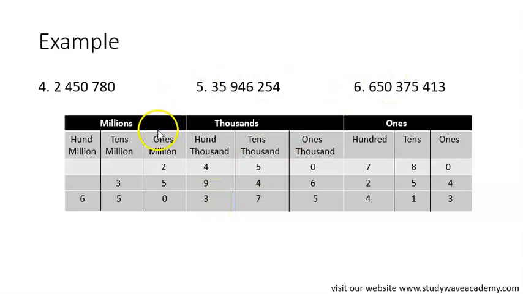0 in the millions column in ones million, 5 in the millions column in tens million, and 6 in the millions column 100 million. Okay, so we have 650,375,413.